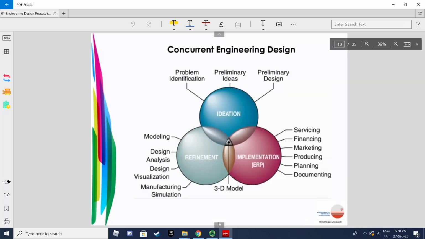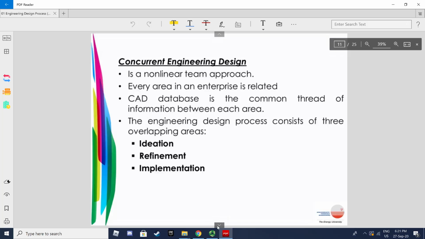And this is where the modern approach to engineering design comes in, where you do concurrent engineering. It can actually be done simultaneously, and you need to involve many people. It can be categorized into three major things: ideation, refinement, and implementation, where the overlapping of these three major processes is considered the 3D model.